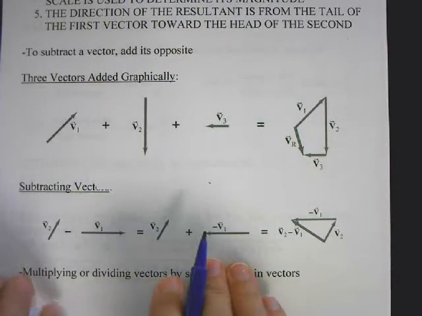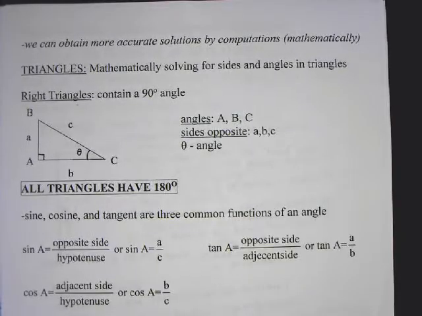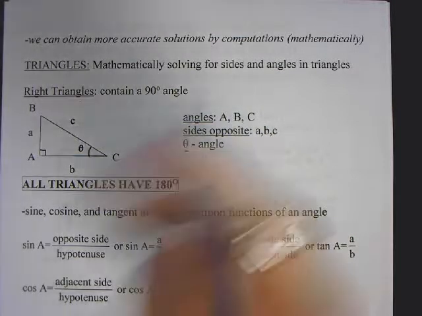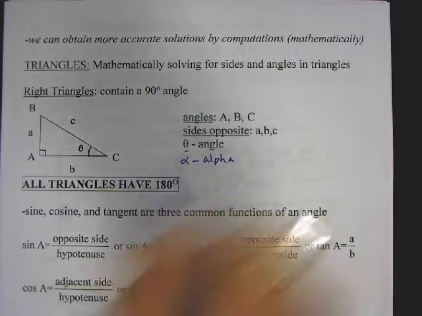All right, so what are some things that we need to review? We need to know that every triangle has 180 degrees. If we have a right triangle, it has a 90-degree angle, which is opposite the longest side, which we call the hypotenuse. We use the variable theta to represent an unknown angle. Sometimes we use another one called alpha. Alpha you might use after you use theta.